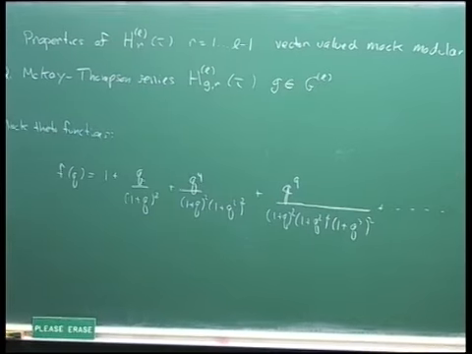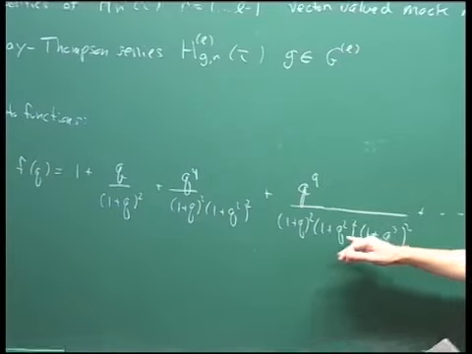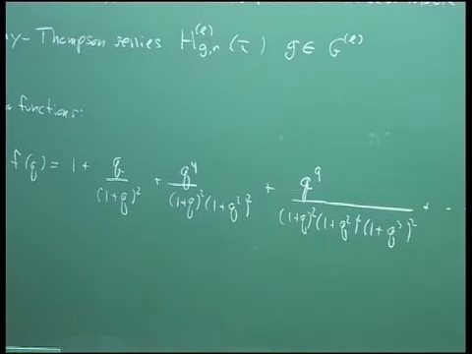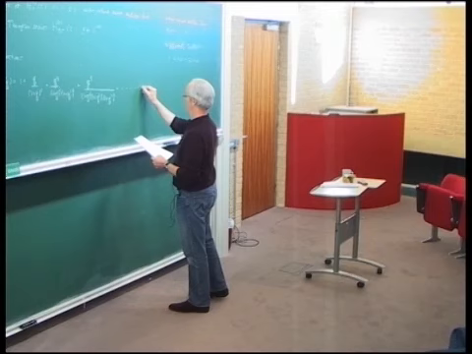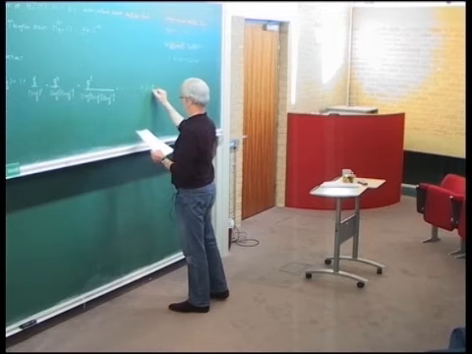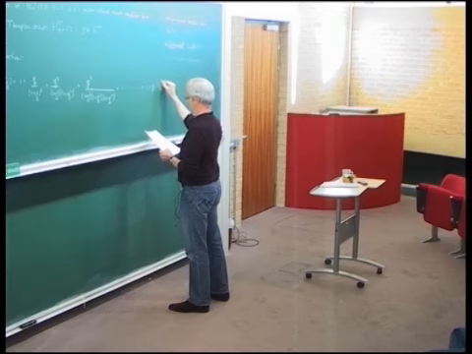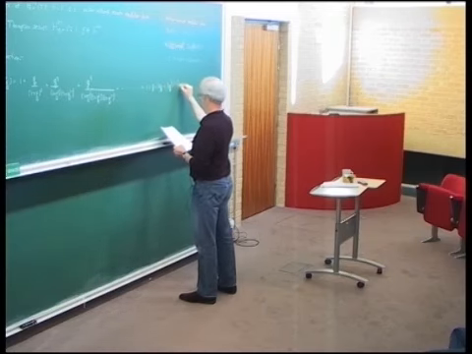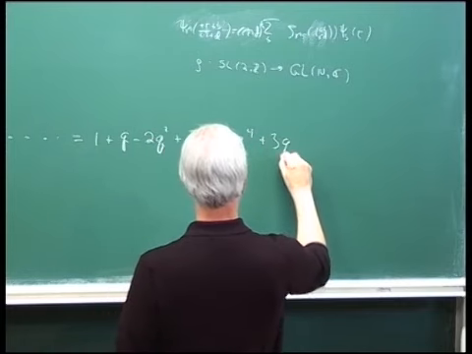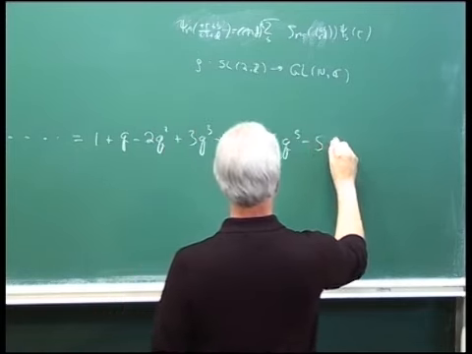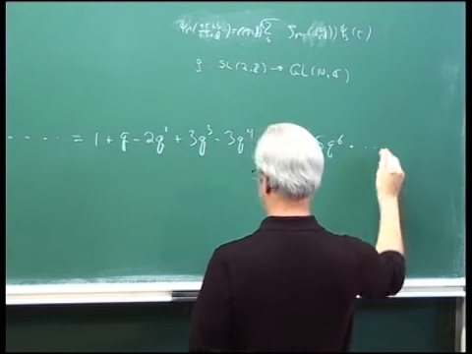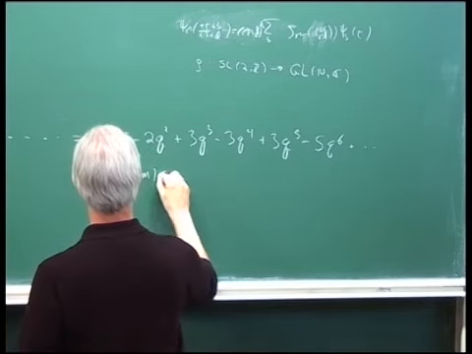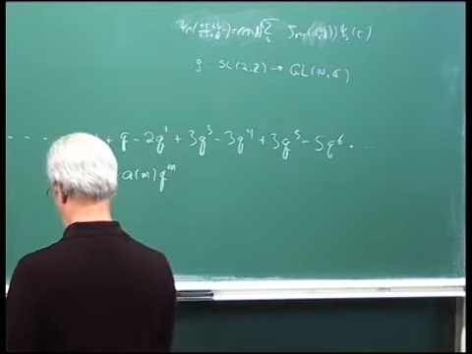You have the squares of integers on the top, and then increasing powers of (1 plus q to the n) quantity squared. And this is what it looks like. So let's call that the sum of a_m q^m.